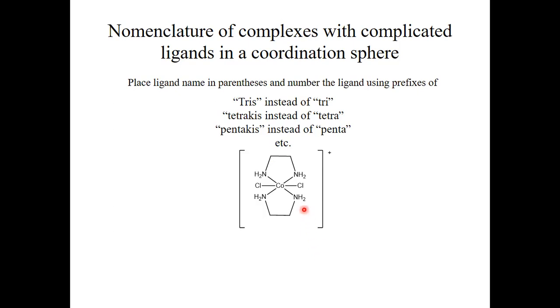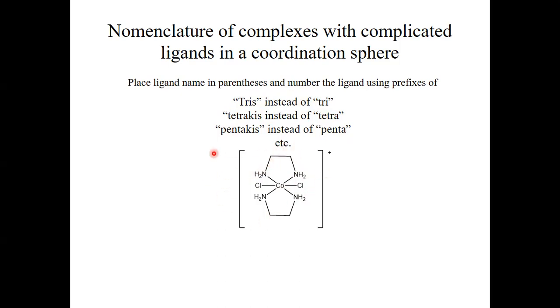In order to clearly say what belongs to that more complicated ligand, we just place parentheses around that more complicated ligand. And when we number that more complicated ligand, we use slightly modified prefixes. So we use bis instead of di, tris instead of tri, tetrakis instead of tetra, and pentakis instead of penta, and so forth.